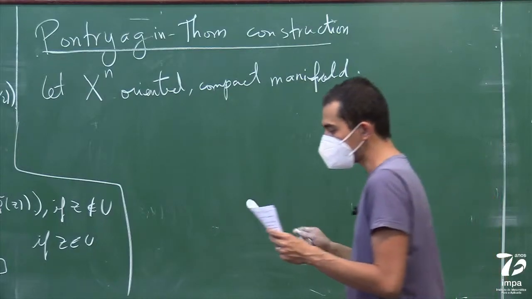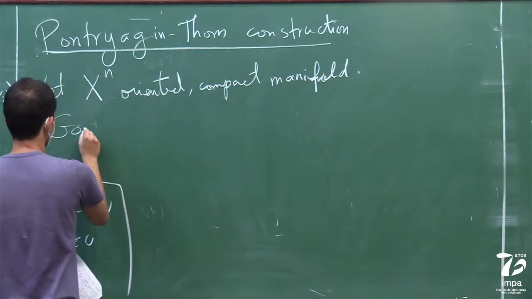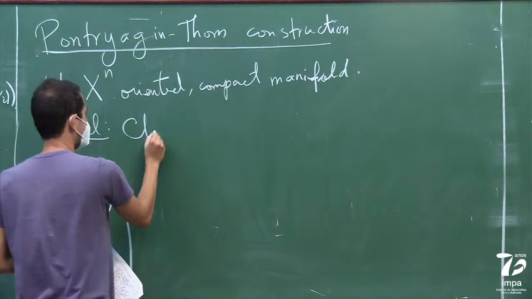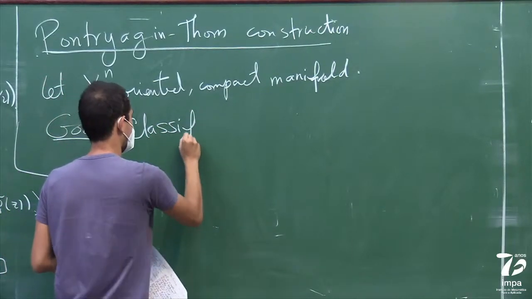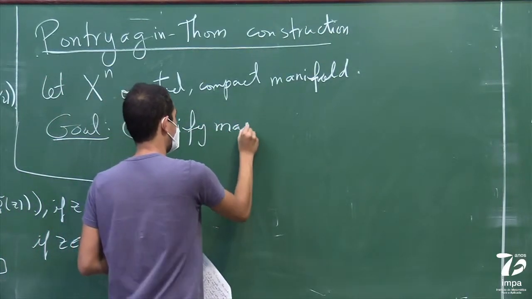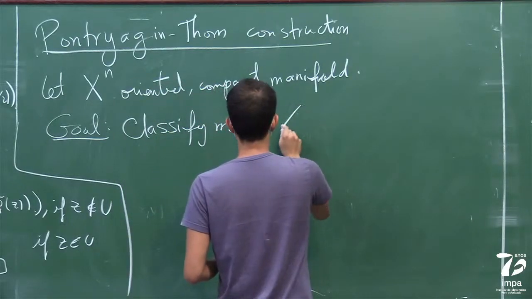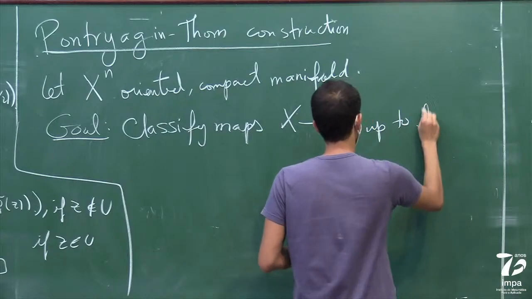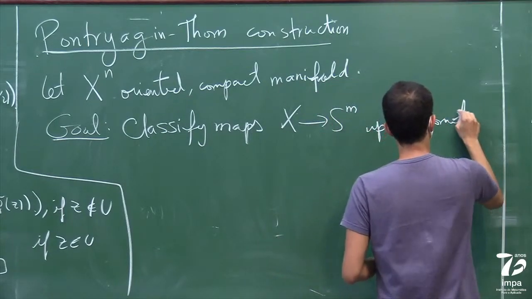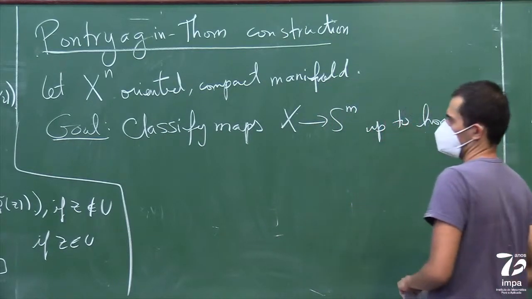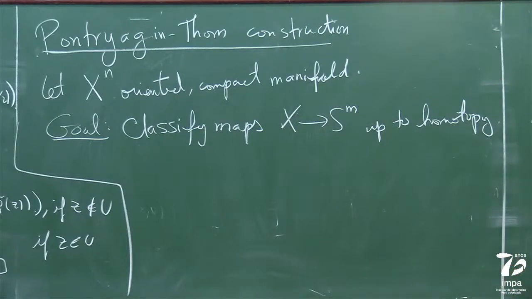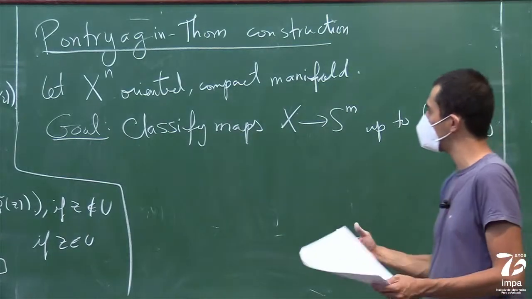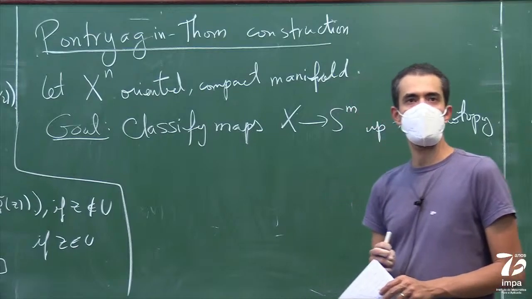And the goal is to classify maps from X to S^m up to homotopy. Okay, so I want some kind of invariant that will be preserved by homotopies, and it will tell me exactly when these maps are homotopic.